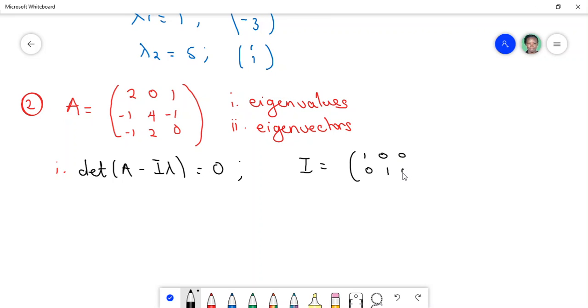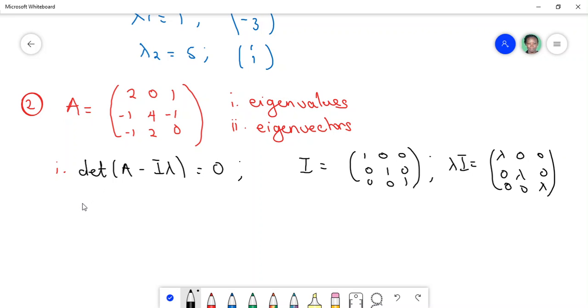So if I have A minus lambda I, I have (2, 0, 1), (-1, 4, -1), (-1, 2, 0) minus lambda I. This will give us 2 minus lambda, 0, 1, then -1, 4 minus lambda, -1, then -1, 2, and minus lambda. So this is what I have.